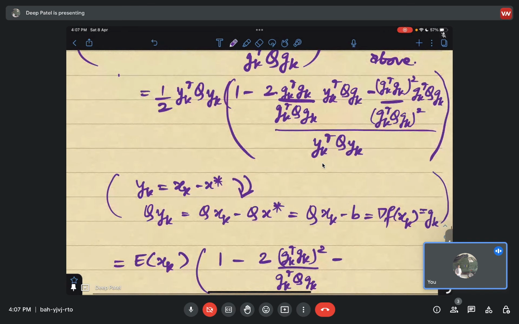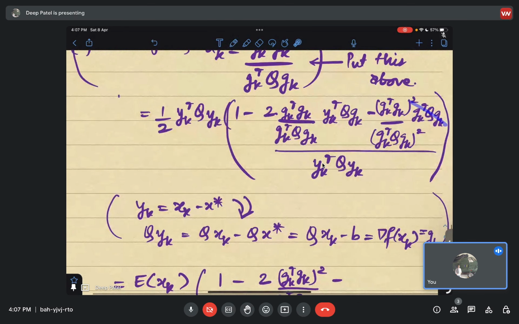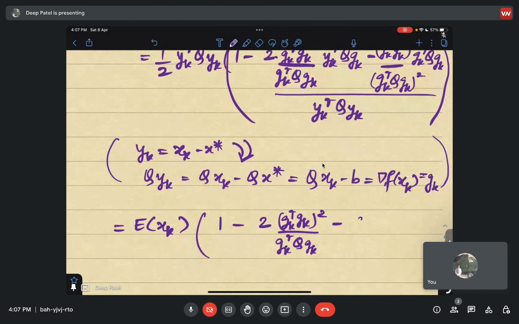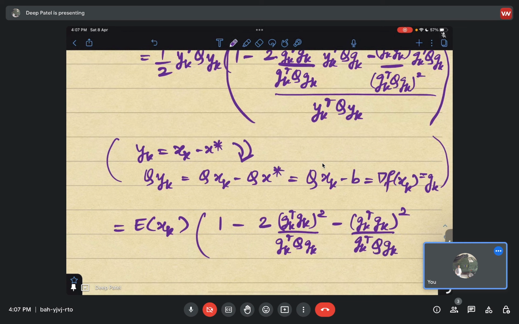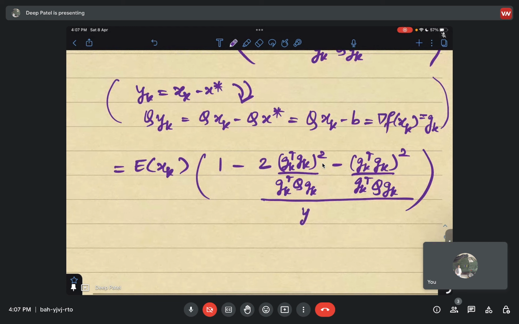Here, what will happen is this term gets cancelled because there's a power of 2 here. One will get cancelled. Okay, and yk transpose q yk.